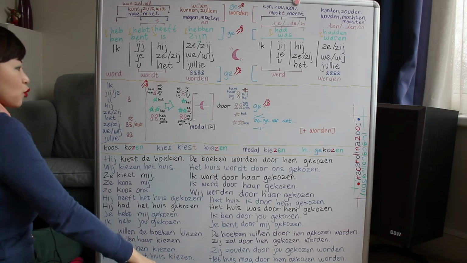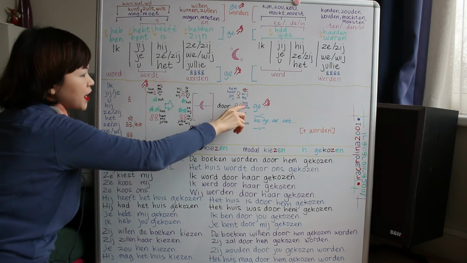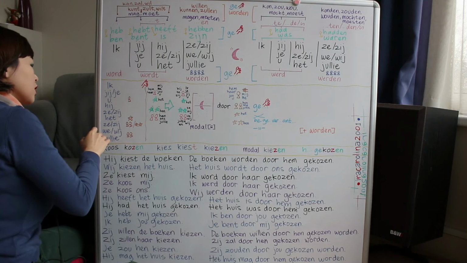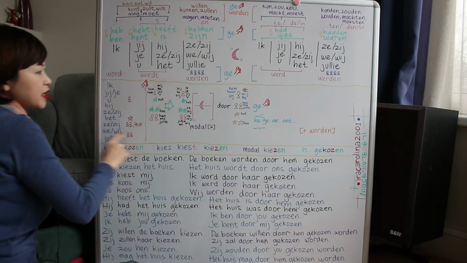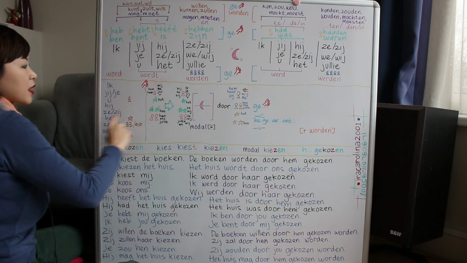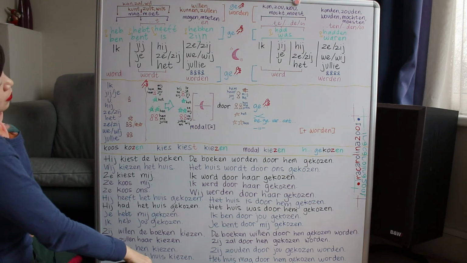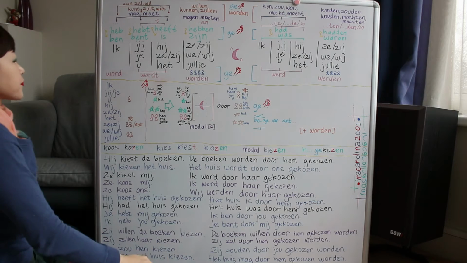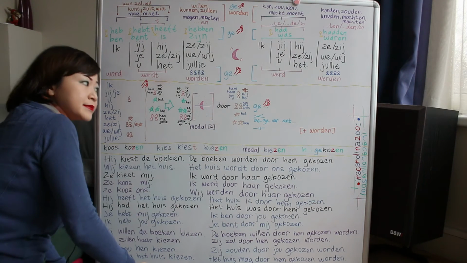And the one that was ze or zij becomes hen here. Wij or we becomes ons. Jullie, still jullie. Het, still het. Ze or zij can also be things too, so it becomes hen here.